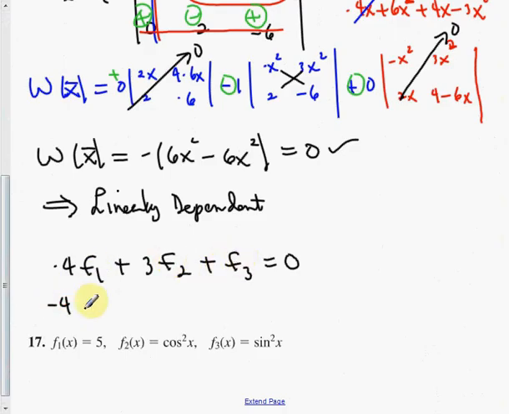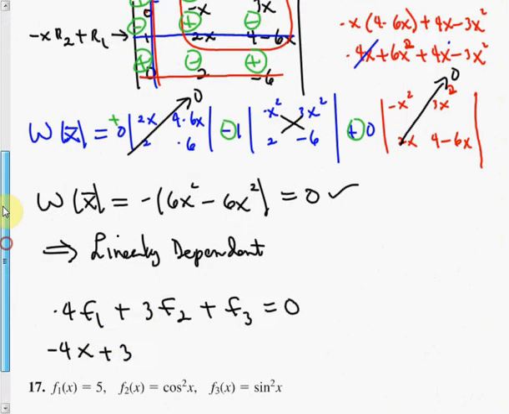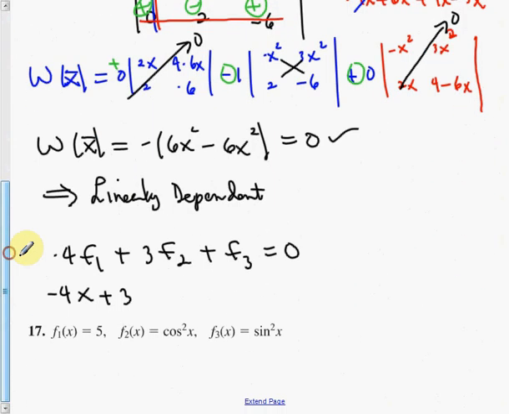Let's see. Negative 4 times f sub 1, that's x, plus 3 times f sub 2. F sub 2 is what, x squared? Then this is plus f sub 3, which is 4x minus 3x squared. Isn't that 0? But notice here, not all the scalars are 0, right?